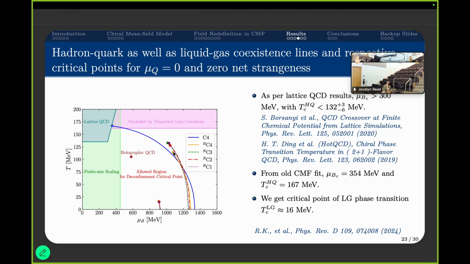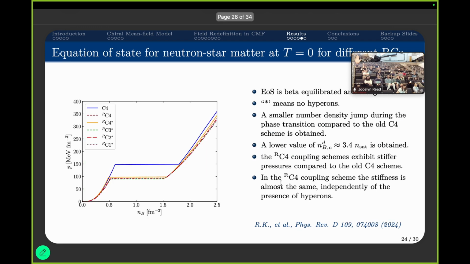We got our critical point around 1000 MeV, but the temperature is around 130 MeV or so. The green, teal and pink regions are where the critical point cannot be. It is excluded by these theories as well as the experiments. And we also got the critical point for the liquid gas phase transition, which is around 16 MeV.